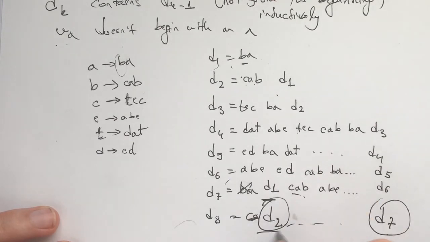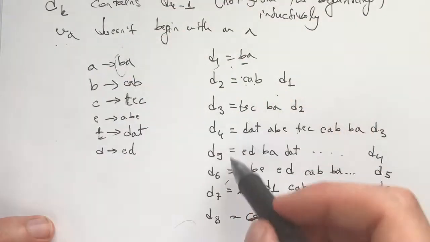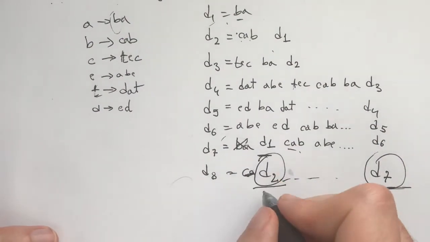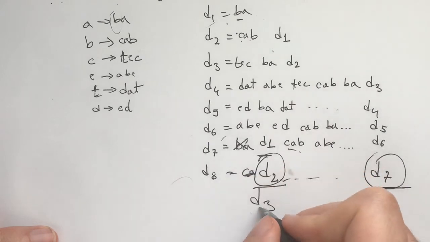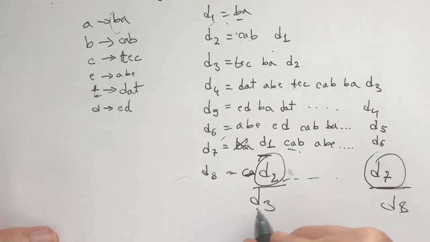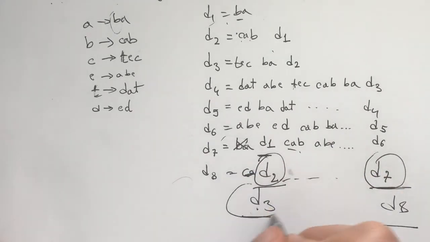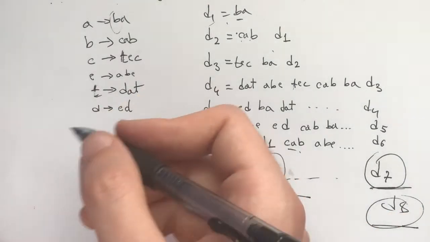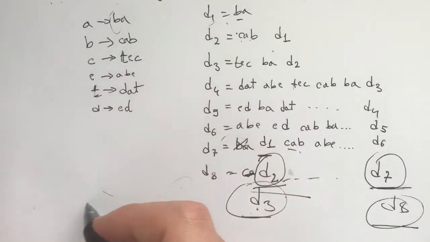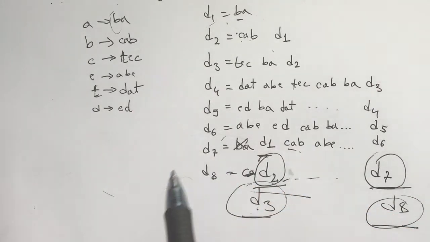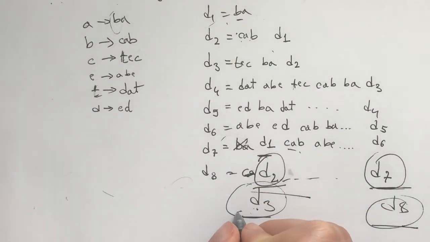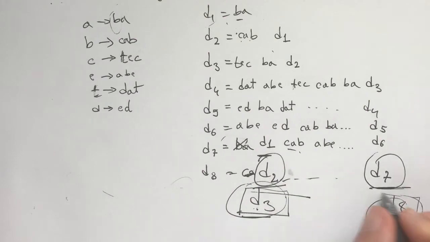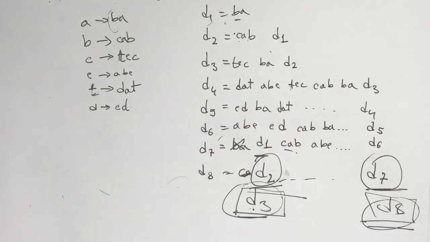So it means we'll have D2 twice. And this seems like something that could be useful in trying to prove that words that appear at the beginning might appear at the end. Like this might be something that's useful for that end.